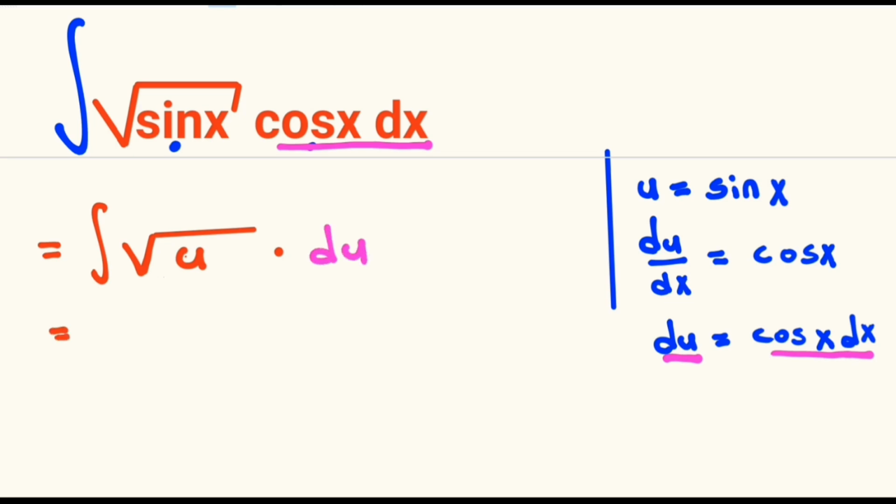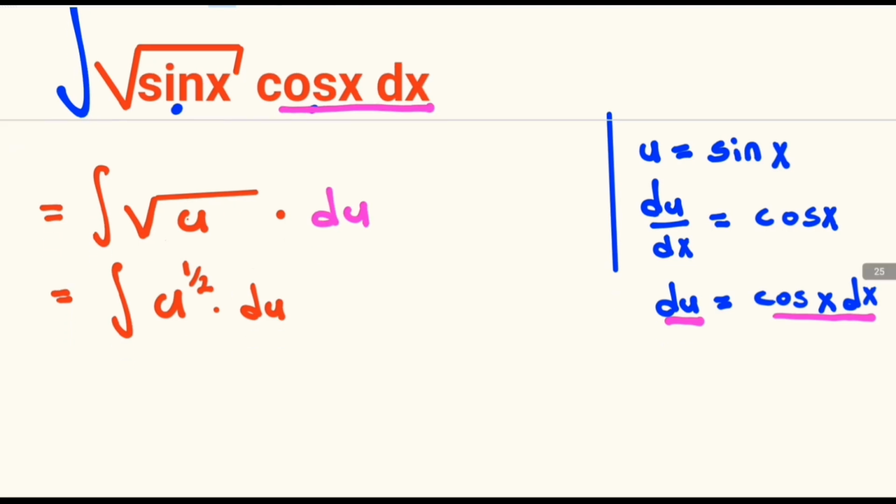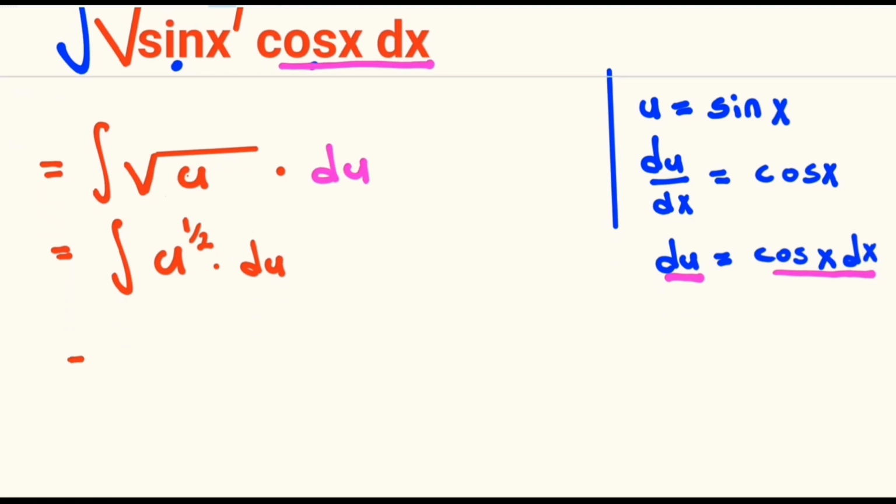We express the square root of u as u to the power half multiplied by the du, and from here the integral of u to the power half with respect to u will be equal to u to the power 1 over 2 plus 1, and this will be divided by the 1 over 2 plus 1 plus our constant c.